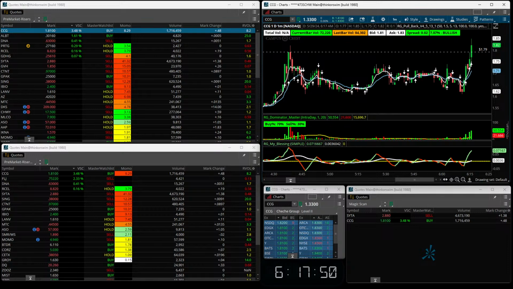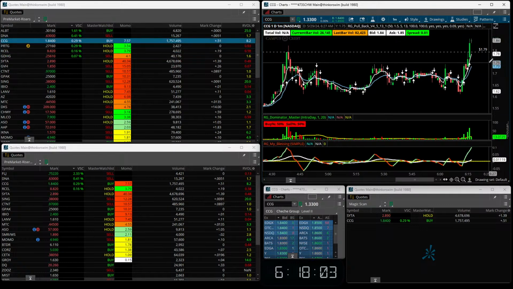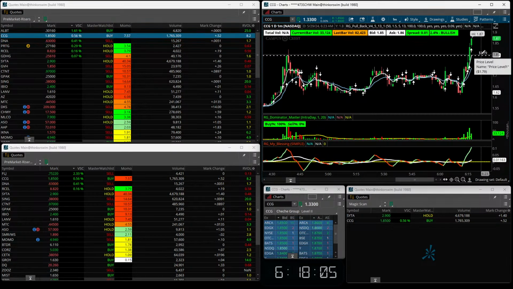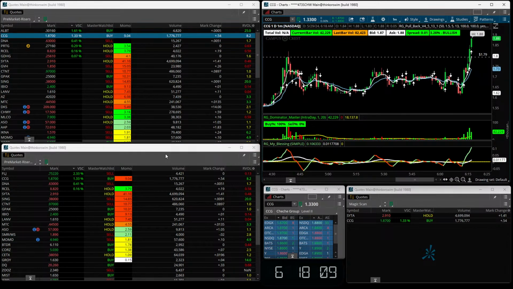CCG now pushing above $1.79. Let's see if we can stay above it. I'd like to see a retest of $1.80 down here, but it may just continue to run.